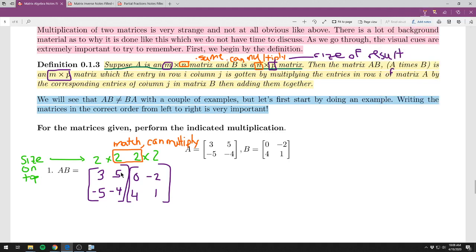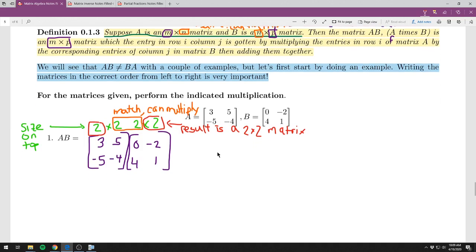And the size of the result is the two outside numbers in that order. So when we multiply them, the result is a 2 by 2 matrix.